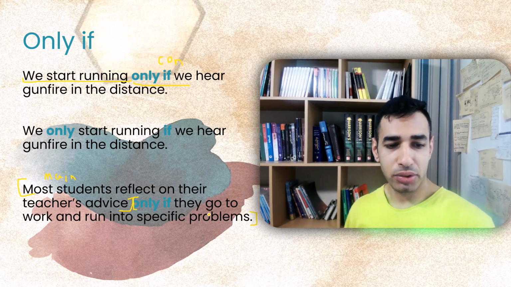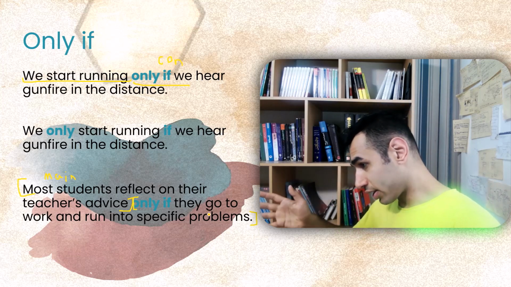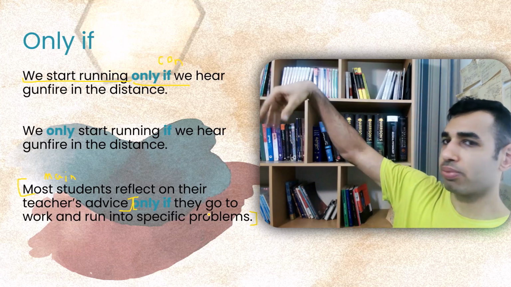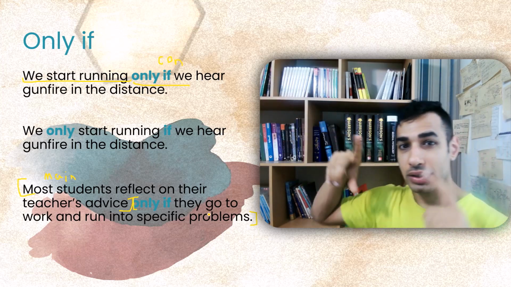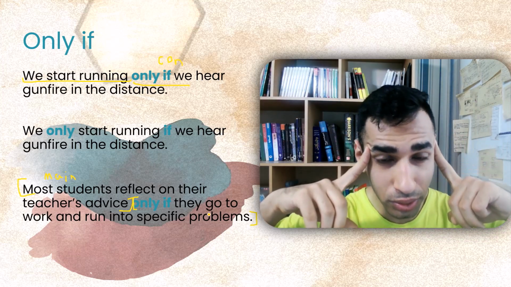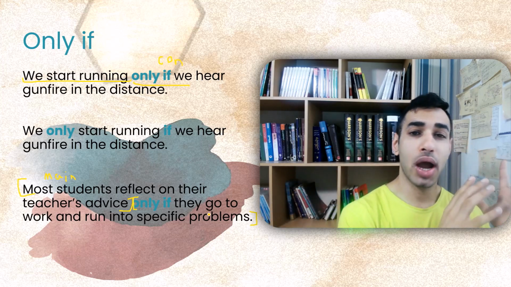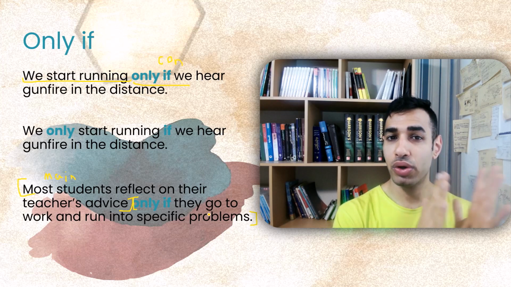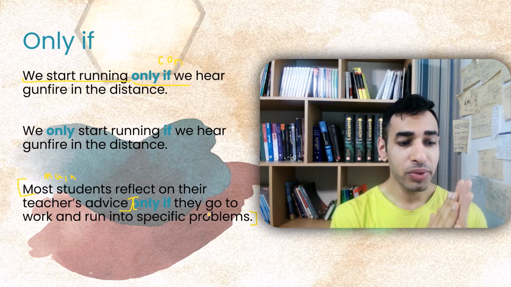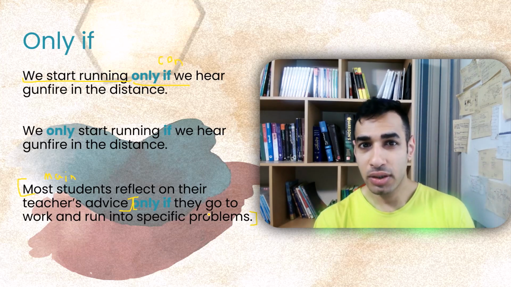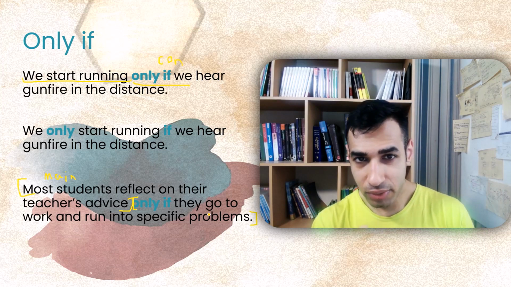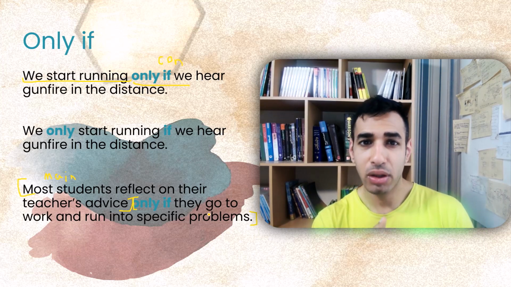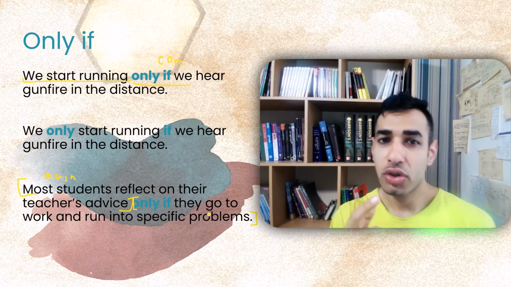Again, students must go to work, become workers in the future, and run into problems in their workplace in order to think about what our teachers have said, and realize we needed to pay attention to our teacher's advice. So the conditional clause must happen in order for the main clause to be true.